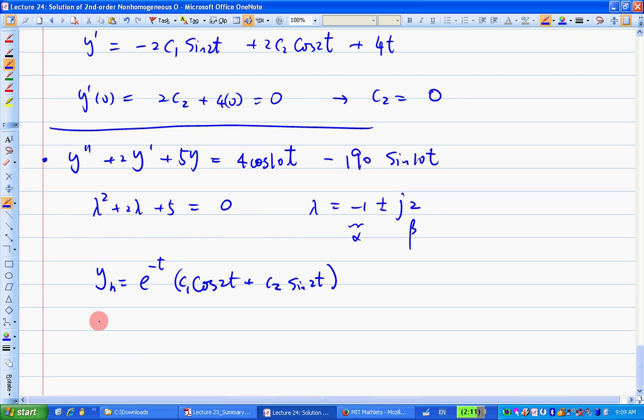Second step, yp. We solve for yp by taking an initial guess first. Our initial guess is based on the input here. Look at the input: there are 2 terms, 4 cosine 10t and negative 190 sine 10t. Your initial impression is I've got 2 terms, maybe I should use the addition rule. However, both of them have the same frequency, 10t. So both are in the same format, even if one is cosine and one is sine.